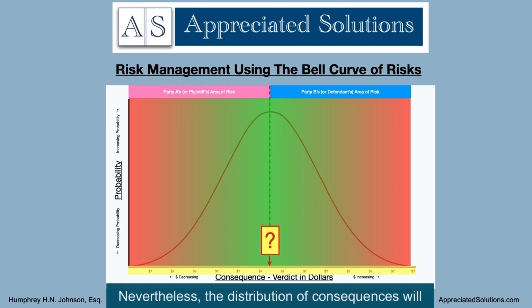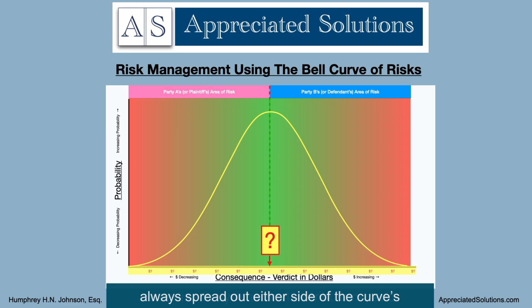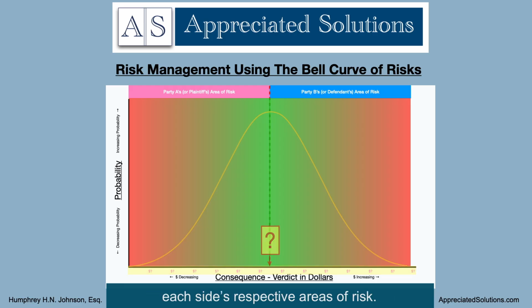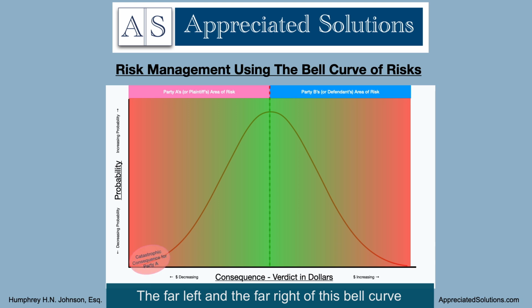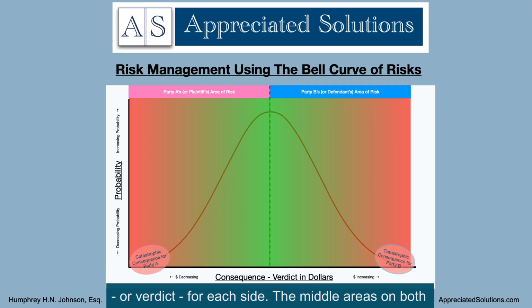Nevertheless, the distribution of consequences will always spread out either side of the curve's center line in symmetrical distributions, and those symmetrical distributions represent each side's respective areas of risk. The far left and the far right of this bell curve represent the risk of a catastrophic consequence or verdict for each side.